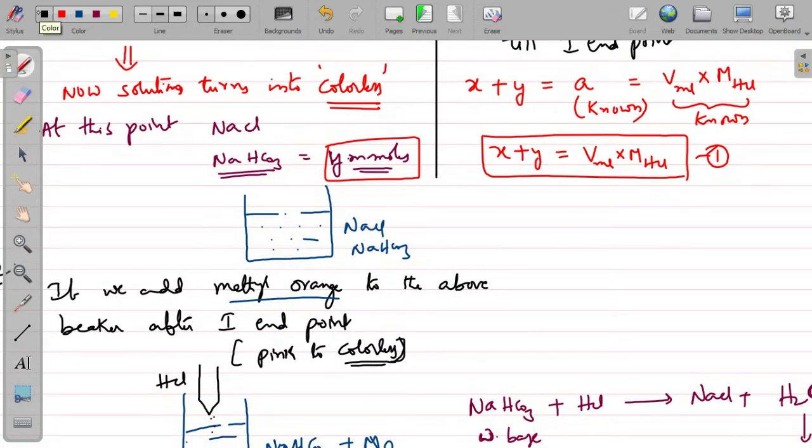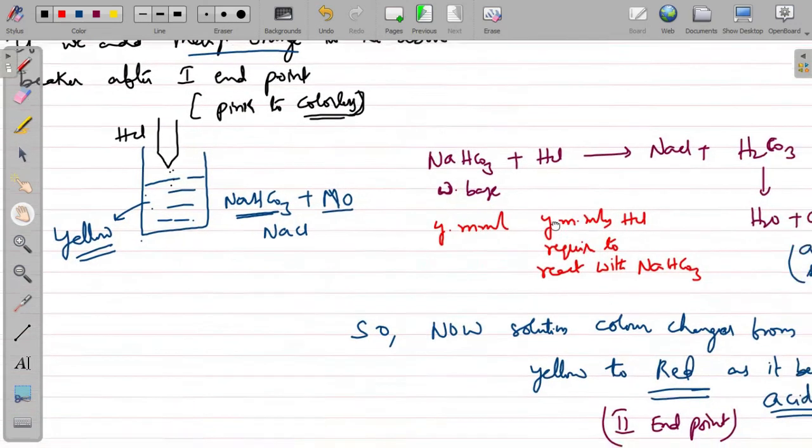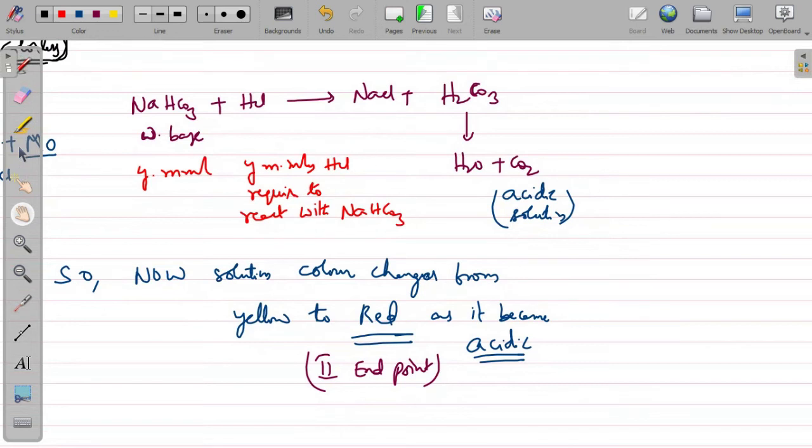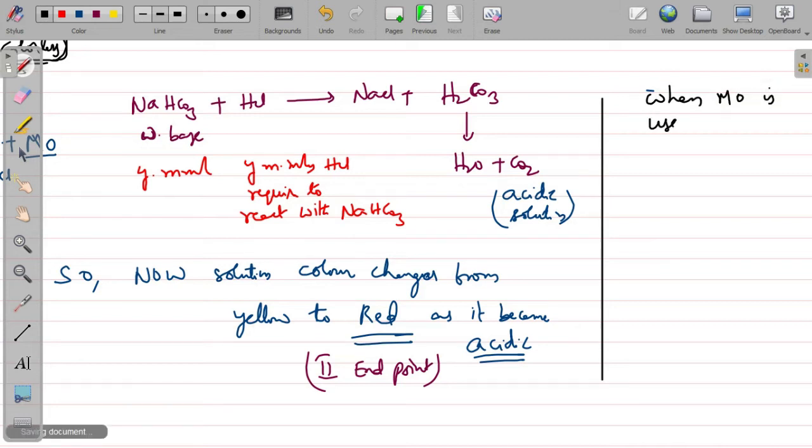For that we need the second case, the second titration, when methyl orange is used as indicator. We are now writing the equation.